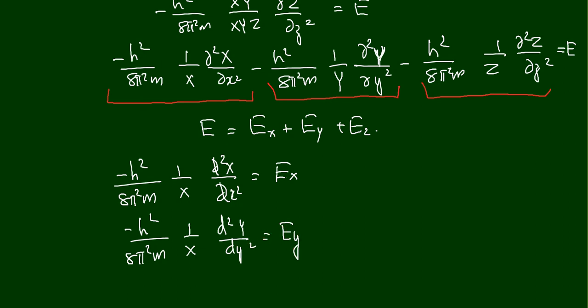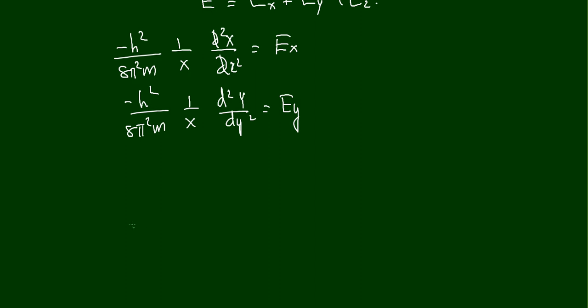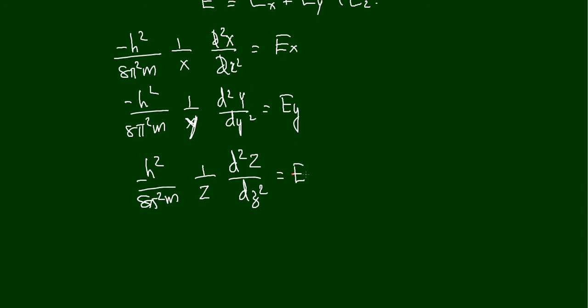And the third equation is minus h square divided by 8 pi square m, 1 by Z d square Z by dz square is equal to Ez.